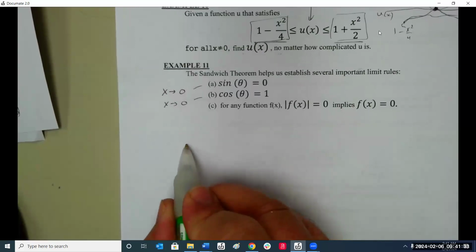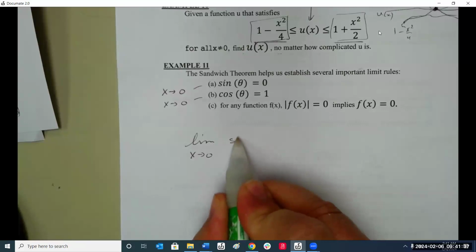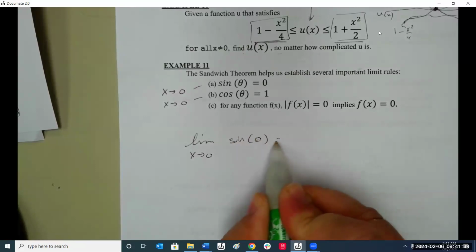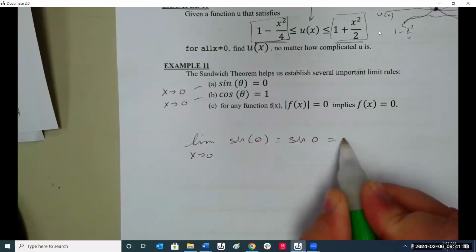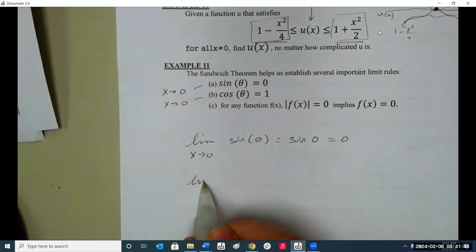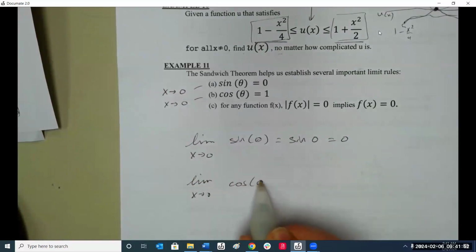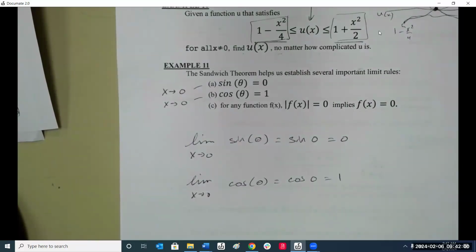Pretty obvious, because if we have the limit as x approaches 0 of sine theta, sine of 0 is 0. The limit as x approaches 0 of cosine theta, cosine at 0 is 1.